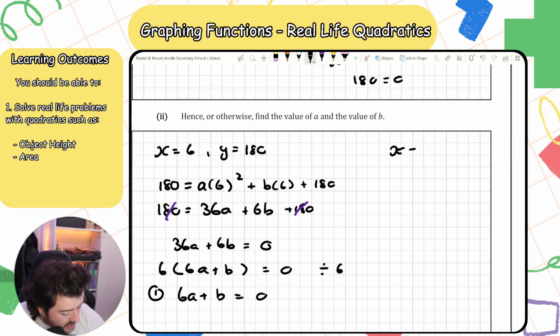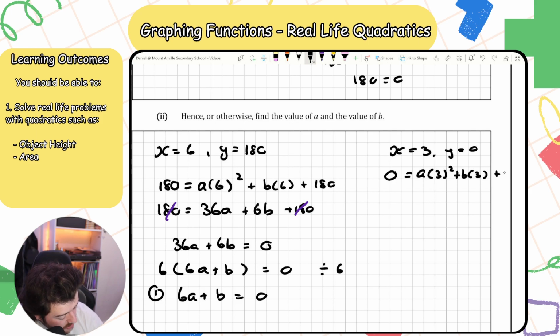Next one, x is equal to 3, y is equal to 0. So I have 0 is equal to a times 3 squared plus b times 3 plus c, which is 180. So 0 is equal to 9a plus 3b plus 180. Can I divide across by 3?